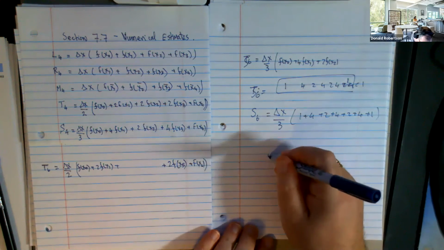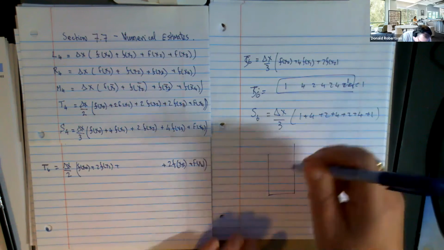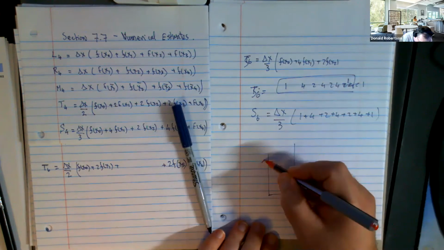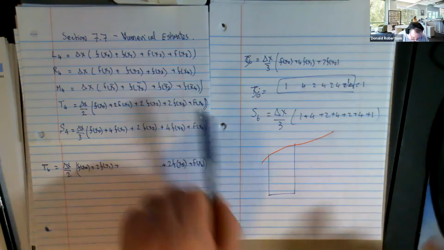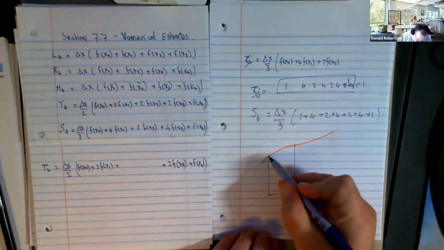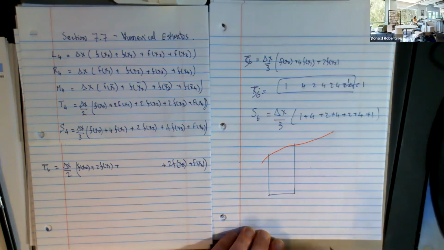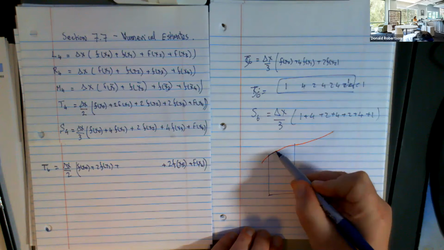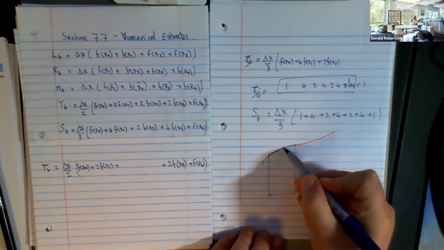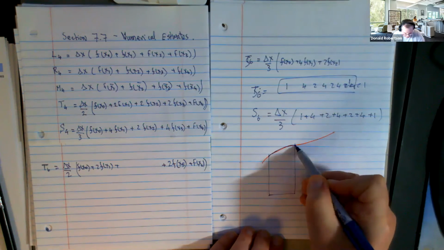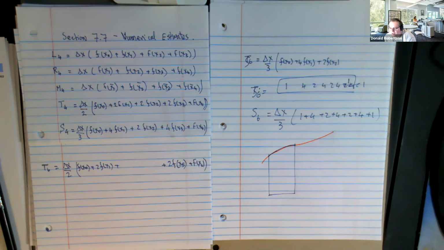Simpson's rule gets formed by, can you imagine this was one strip and the function went through it like that? In trapezium, you join there to there with a straight line. In Simpson's rule, you join there to there with a curve. In fact, the curve that you use is a quadratic curve. That's why it's a perfect fit to a quadratic.